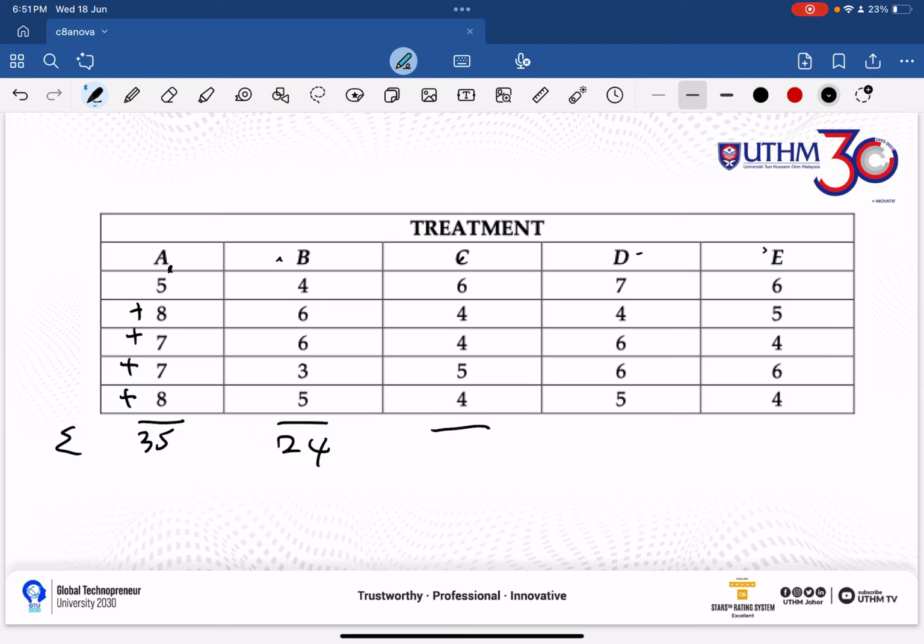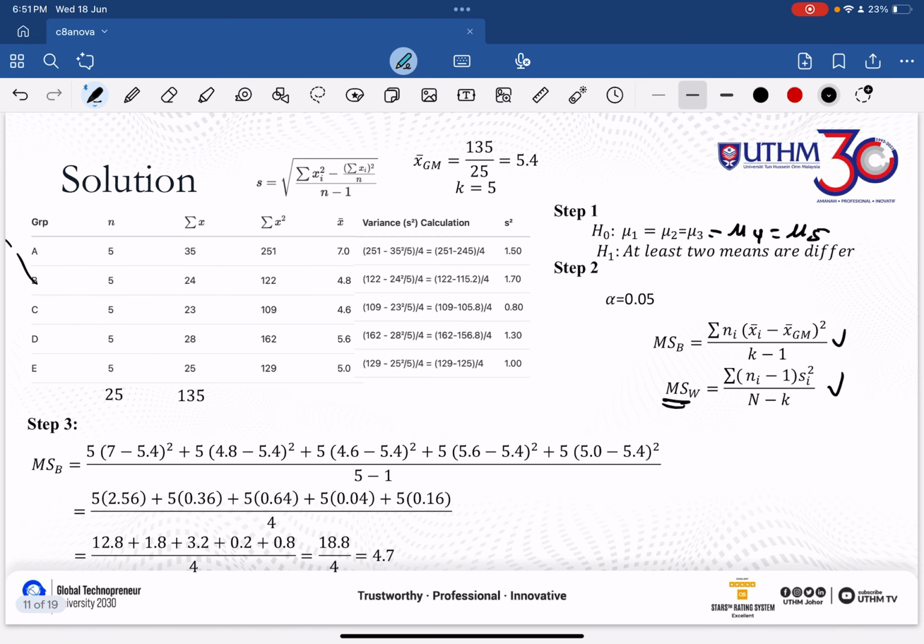And then 6, 10, 14, 19, 23. And then here you get 11, 17, 23, 28. And then the summation for group E is 10, 15, 20, 25. So that's how I get this summation of x on the third column. This is the summation of data for each group, right?